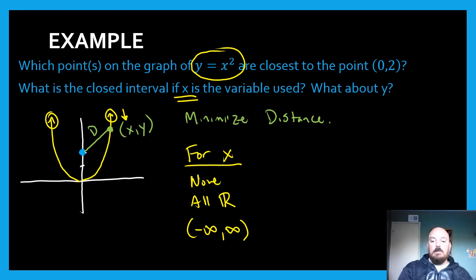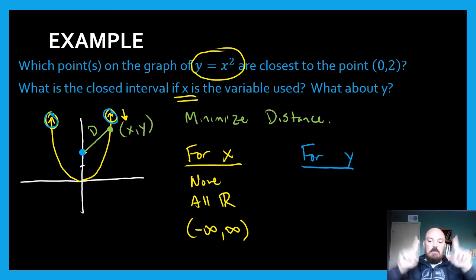Now let's talk about y. Now y has no upper bound, because if you're talking about y values of this function, again, these same arrows are pointing up. So there's no upper bound for y. It's going to go forever. But it does have a lower bound. The lowest y reaches is 0. The graph never dips below 0.